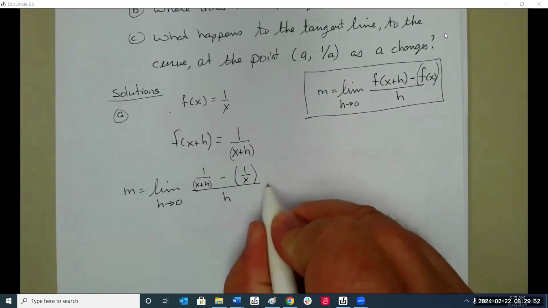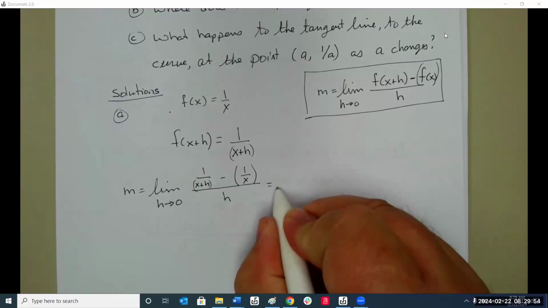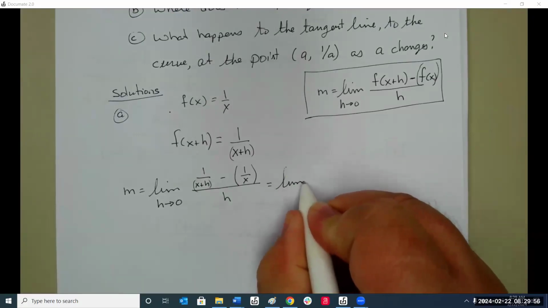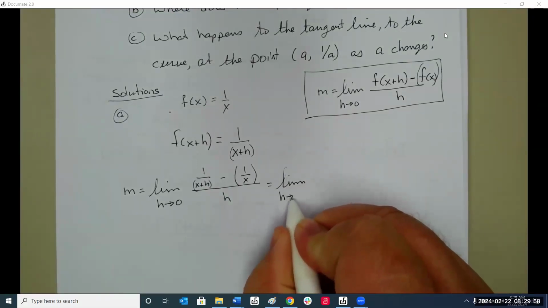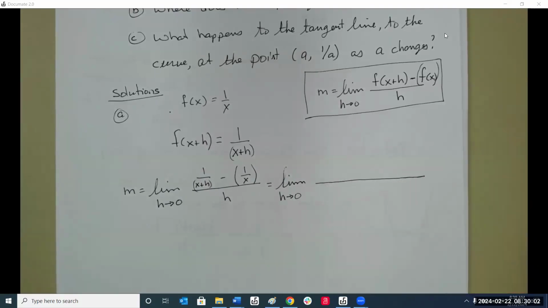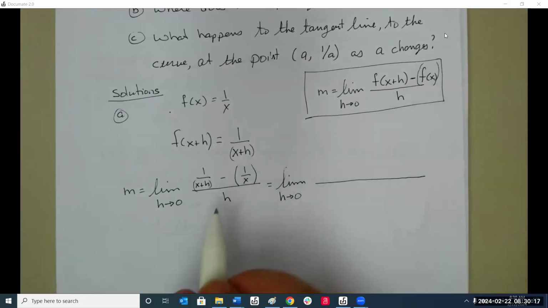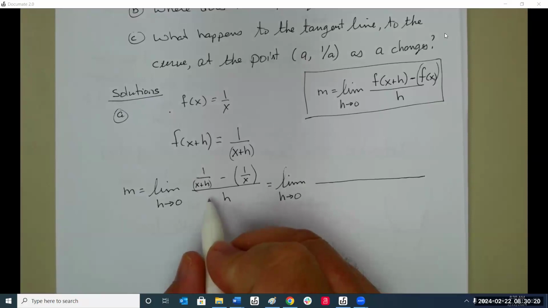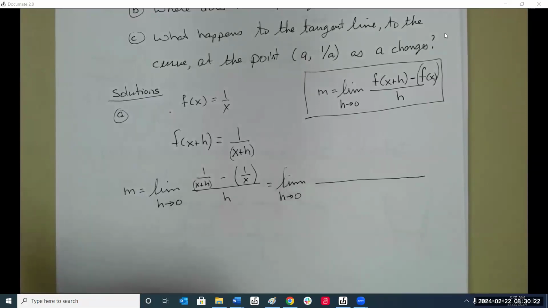Now we have to work it out algebraically. So we have the limit as h approaches 0, what do we got to do first? How do you solve this thing algebraically? Because to be honest, that's the calculus part. The rest of it is algebra.